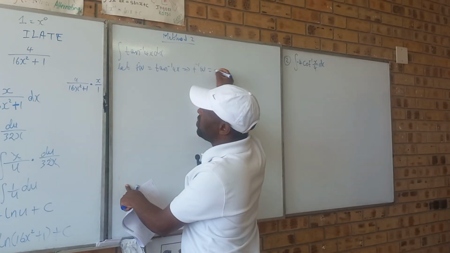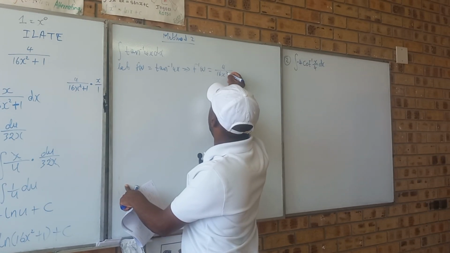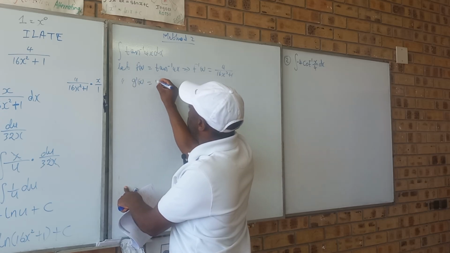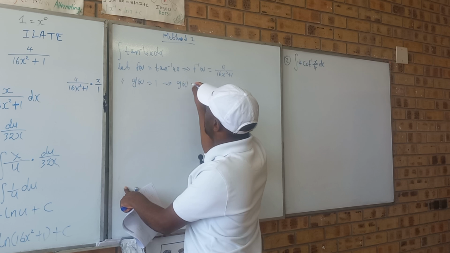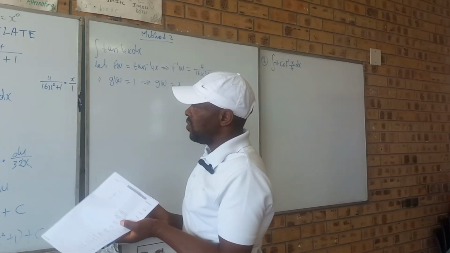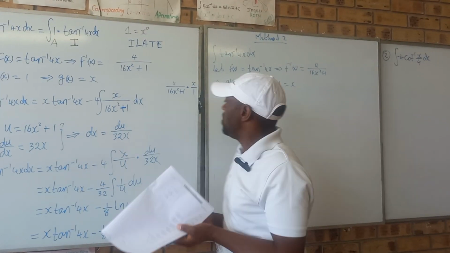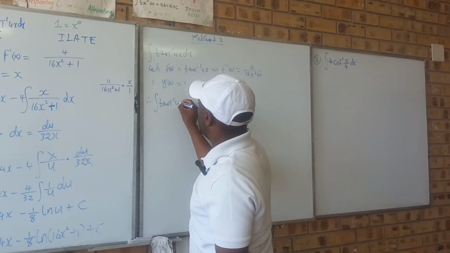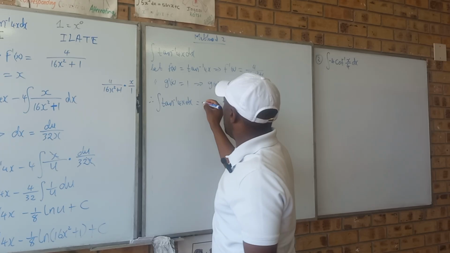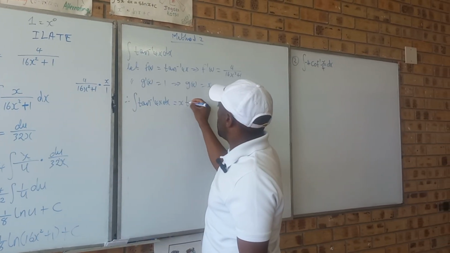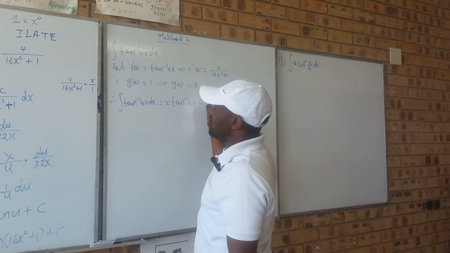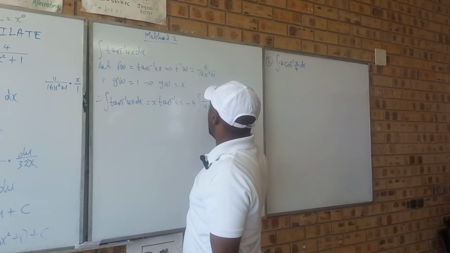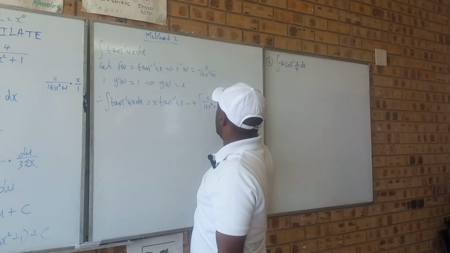Its derivative will be 4 on 16x squared plus 1. And if g prime of x is 1, then g of x will be equal to x. So I'm copying fast because it's the same thing up to that level. Therefore the integral of arc tan 4x dx will be x arc tan 4x minus 4 times the integral of x on 16x squared plus 1 dx.